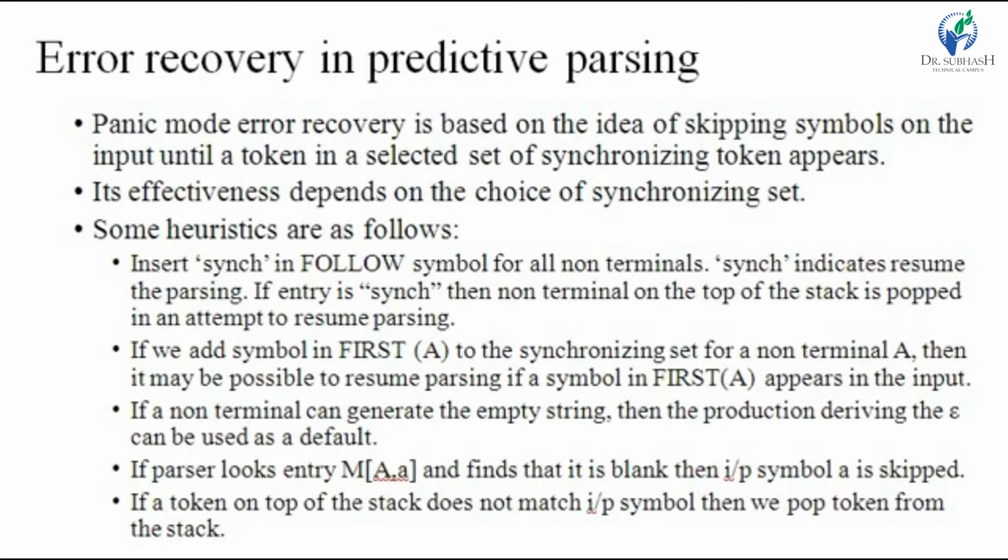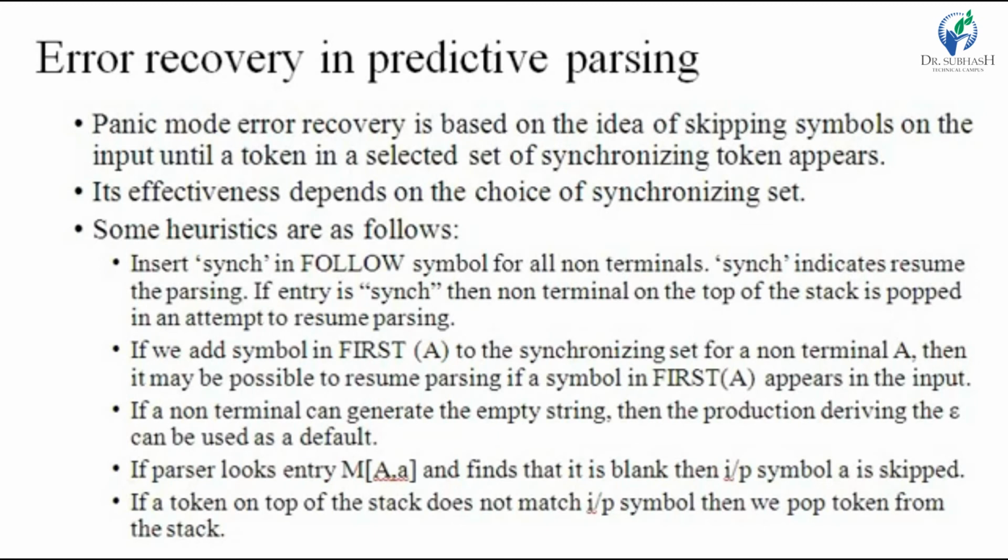If we add symbols in first of A to the synchronizing set for non-terminal A, then it may be possible to resume parsing if a symbol in first of A appears in the input. If a non-terminal can generate the empty string, then the production deriving epsilon can be used as a default.